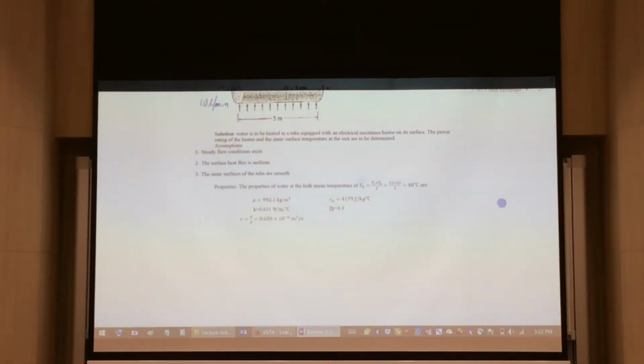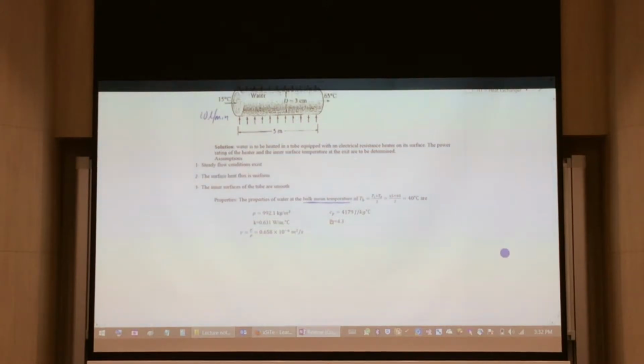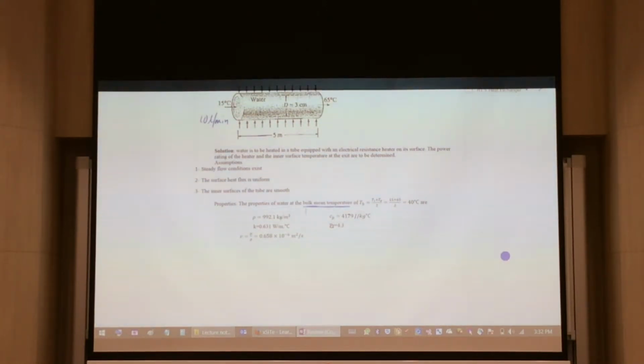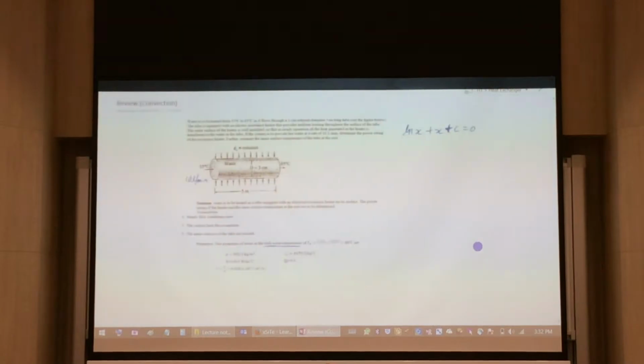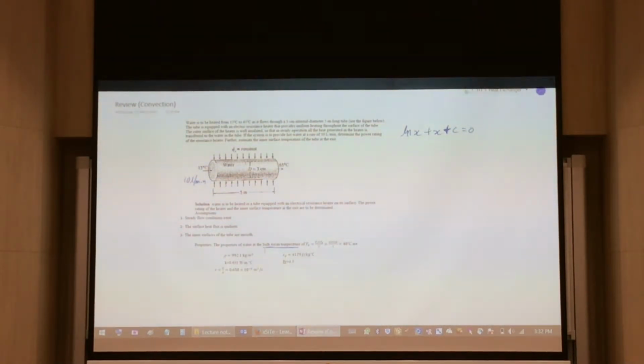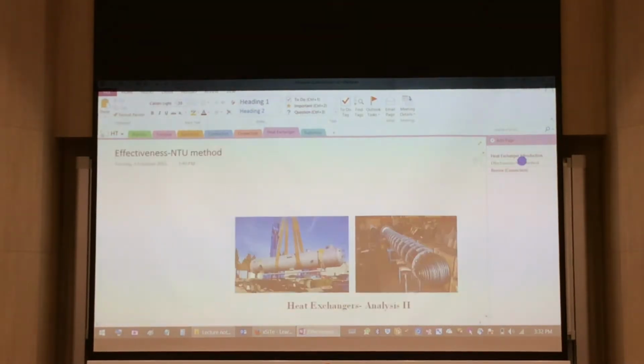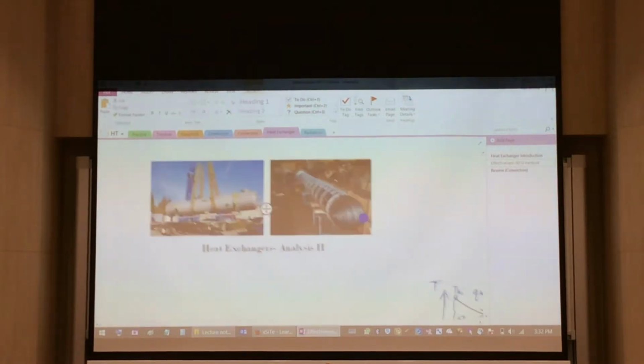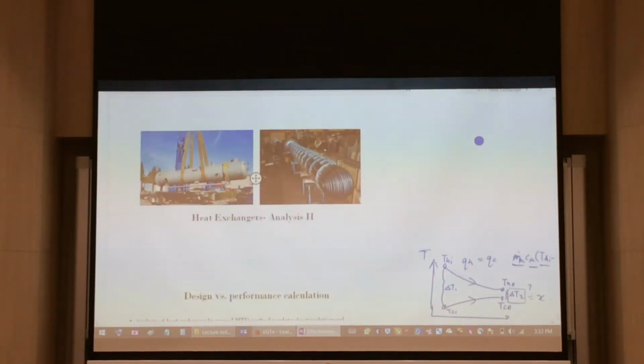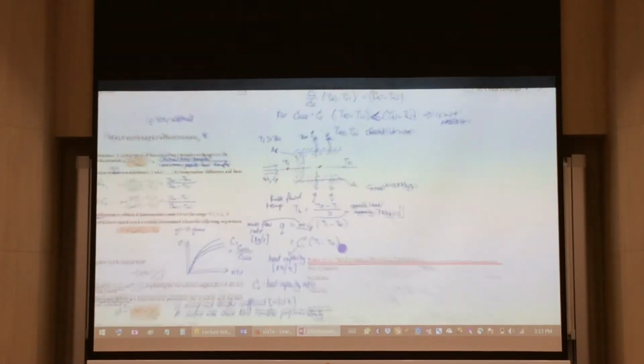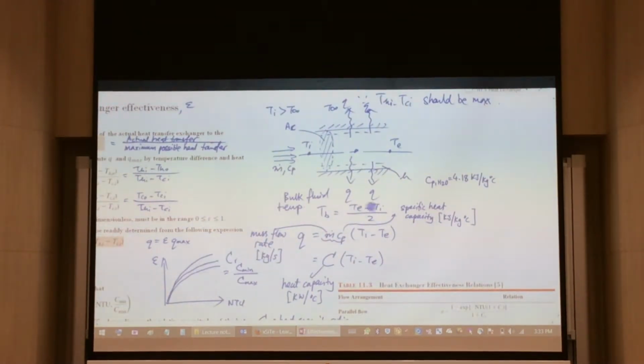So I want to solve this bulk mean temperature. I made a mistake for bulk mean temperature. Let me bring it back. Could you see this graph here that I was talking about? Do you remember this graph here?